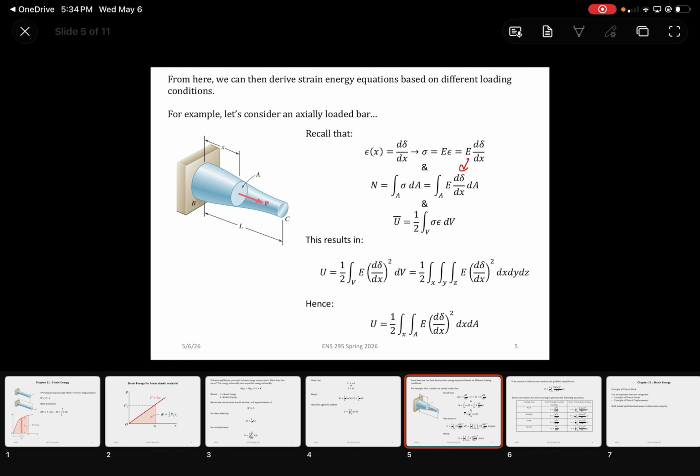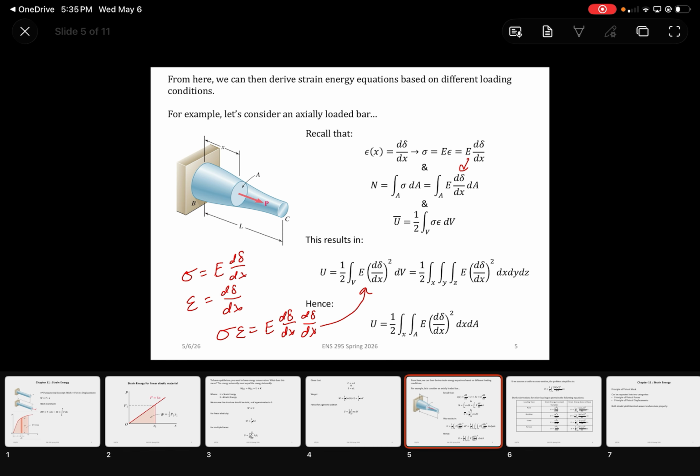So knowing that stress is equal to E d delta over dx, and strain is just equal to d delta over dx, we end up with our strain energy, sigma times epsilon, equaling E d delta over dx times d delta over dx, which is how we end up with that term there. 1/2 times E times the differential of the deformation with respect to x, squared, all integrated with respect to the volume.